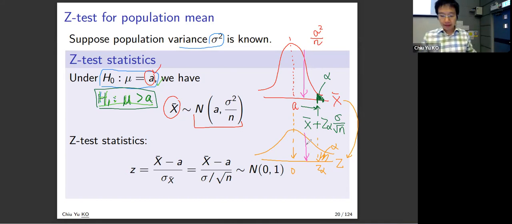Is that clear? And if our data happens to be somewhere here, just convert it, it belongs here, then you reject H0 and take H1. Is that clear? Of course I'll do another example to make sure it's clear.